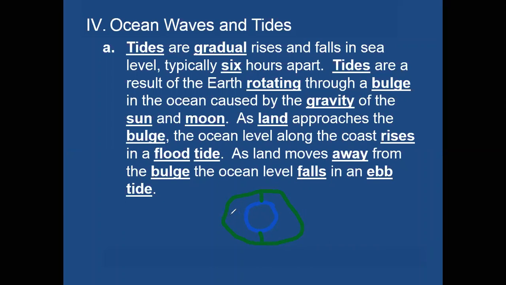We're going to talk about what causes that, but it's basically the sun and the moon. So the sun and the moon can either be pulling in opposite directions of each other, or they can be pulling in similar directions. And so that's going to change the shape of that bulge of water. And that bulge of water is what's going to determine our tides. Now we have two tides that we're going to talk about. We're going to talk about a flood tide and an ebb tide.